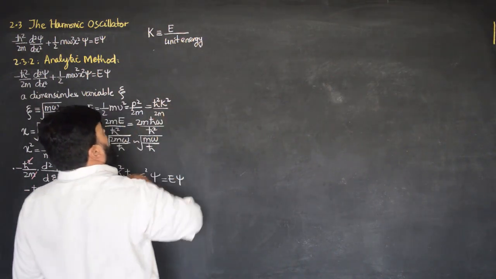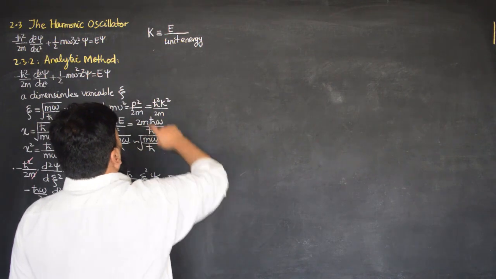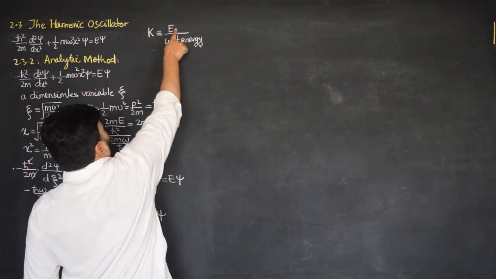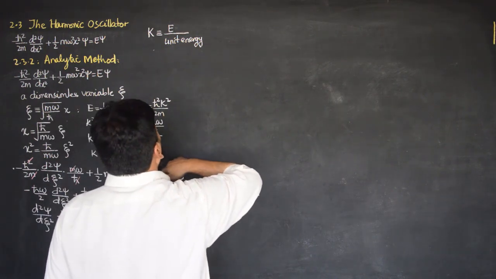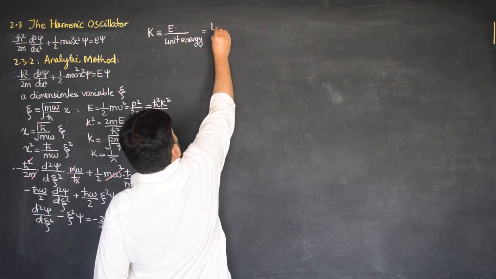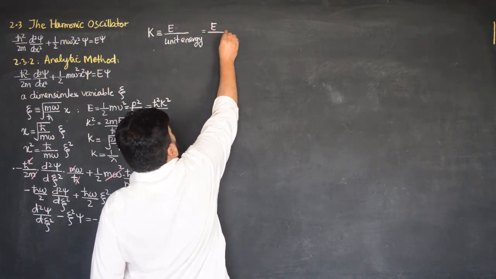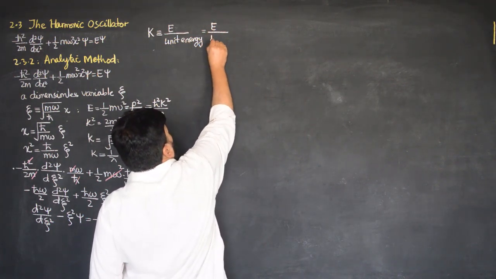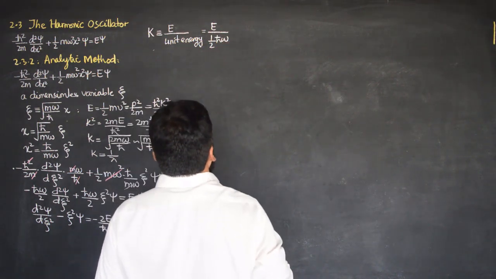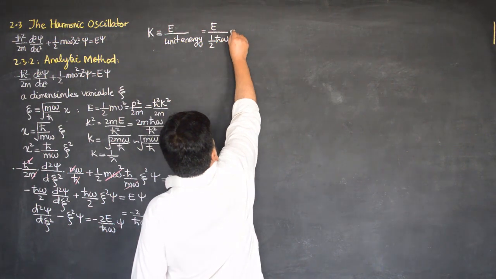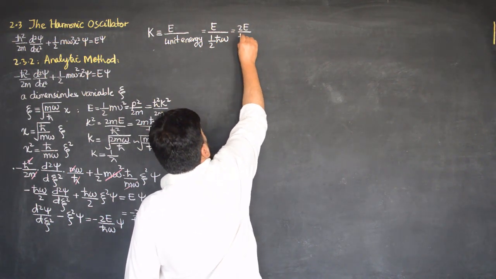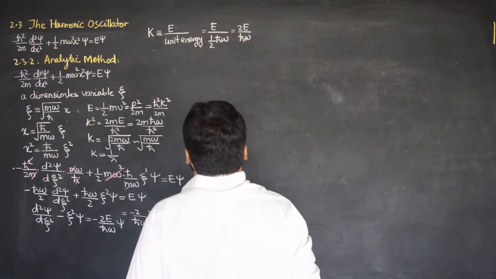So K is in terms of energy, which is normalized, meaning any energy divided by the unit energy. For the harmonic oscillator, I know that this unit energy is the ground state energy, which is half h bar omega, and I can write this as 2E over h bar omega.